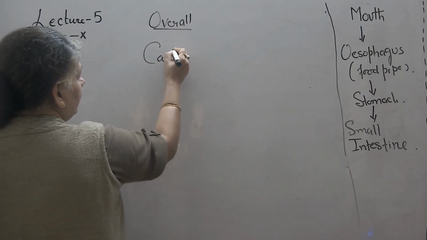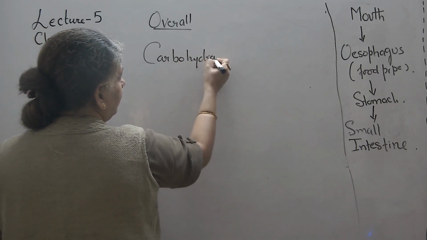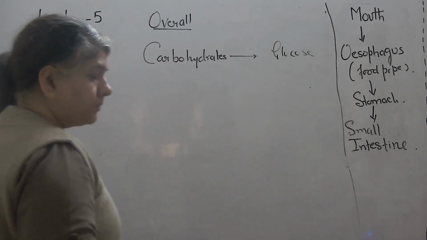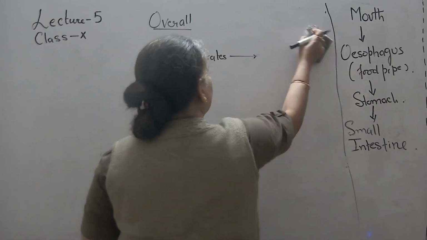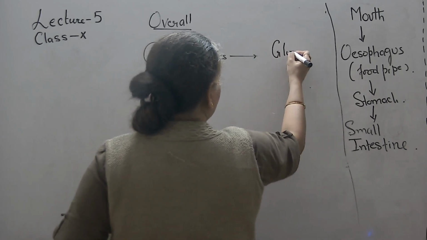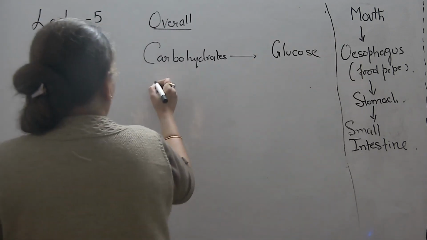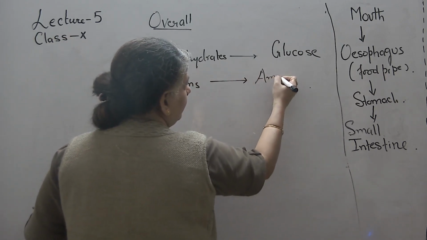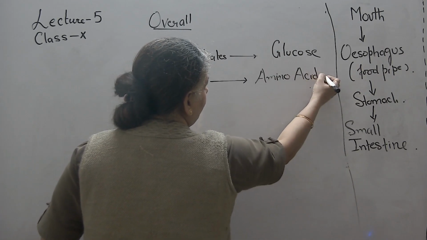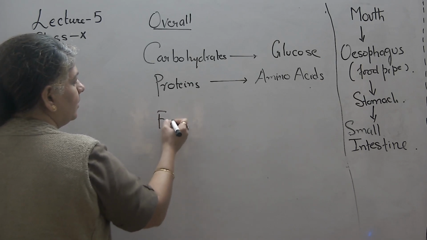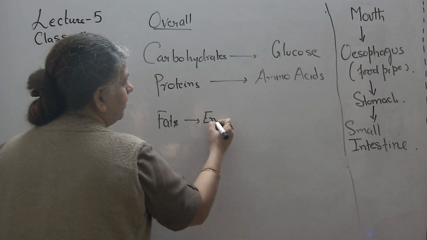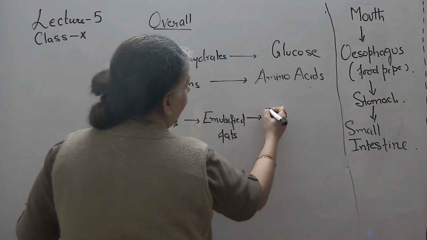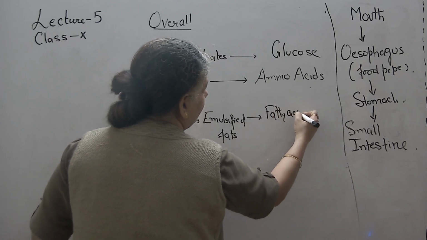See, all the carbohydrates have been converted into glucose, proteins into amino acids, and fats into emulsified fats and finally into fatty acids and glycerol.